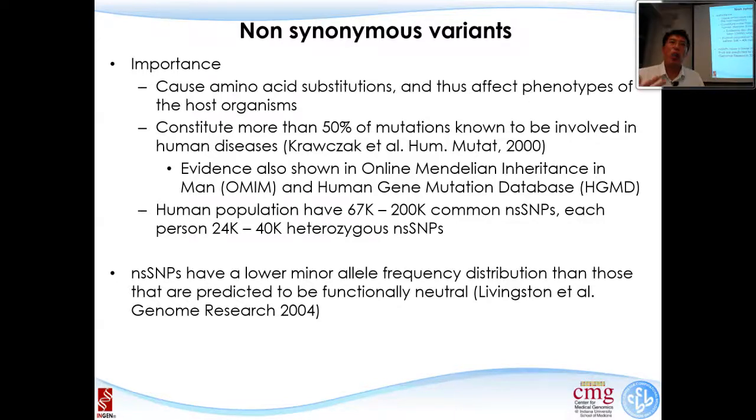Evolutionarily, we cannot afford to change them. Once some of those are altered, that means the protein function is changed, so the organism may not be fit to survive. That's why functional variants tend to have a lower allele frequency in the general population. That is the rationale for that.